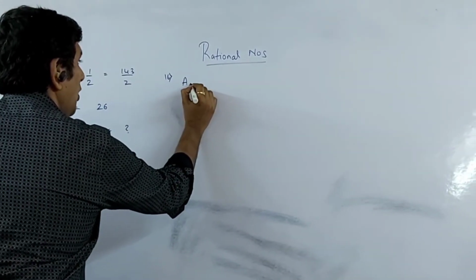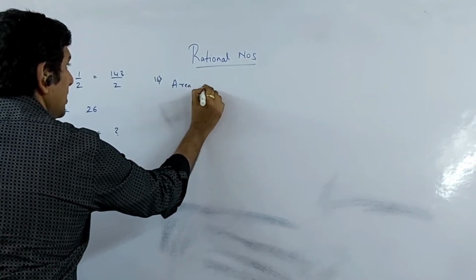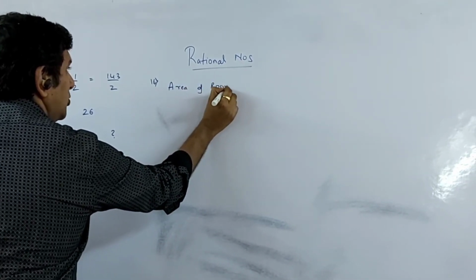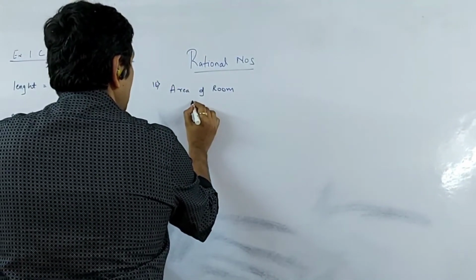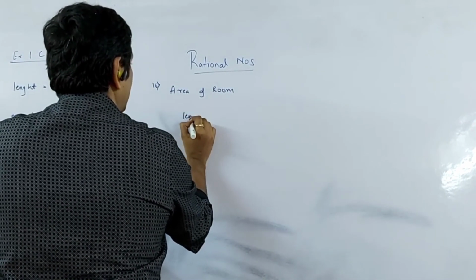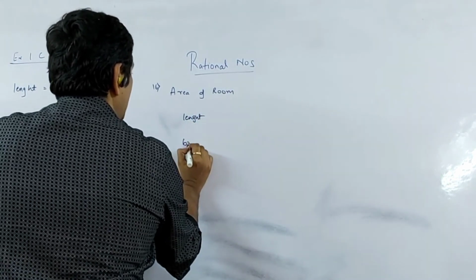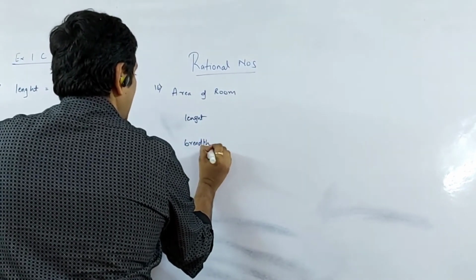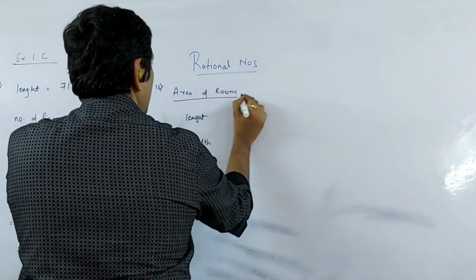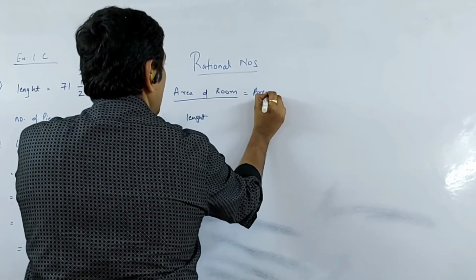Area of the room. Obviously, the room can be a square also, but here they have given us the length and the breadth. So we will take length and breadth, meaning the area of the rectangle, the area of the room, we will take as the area of a rectangle.